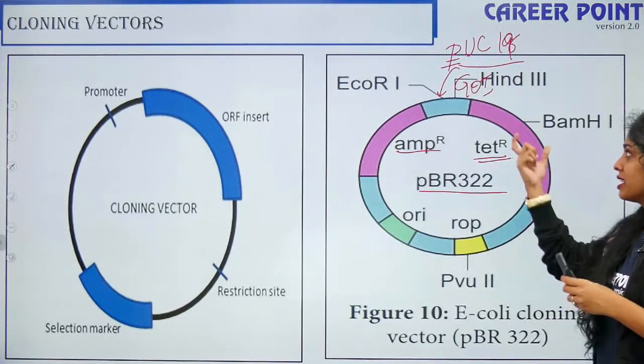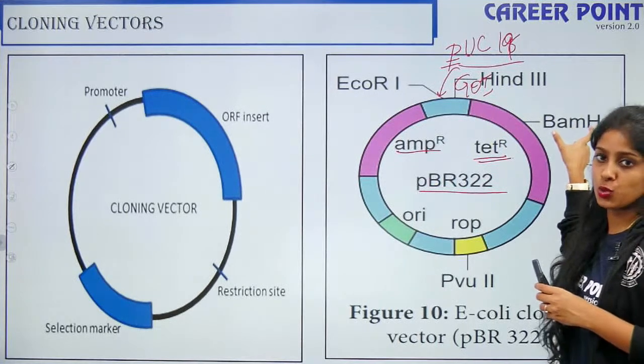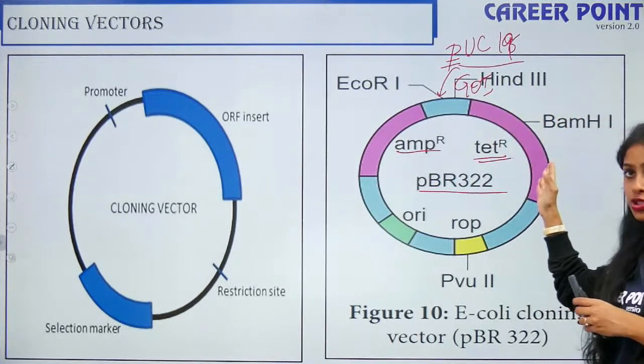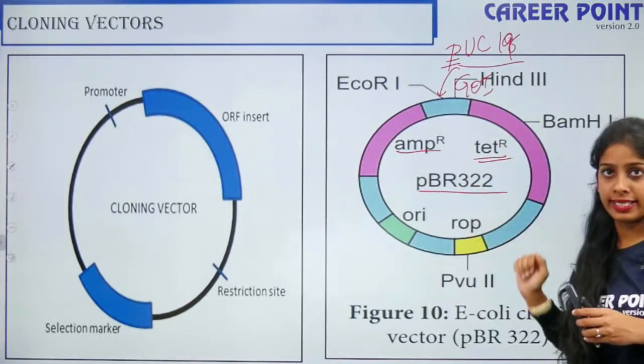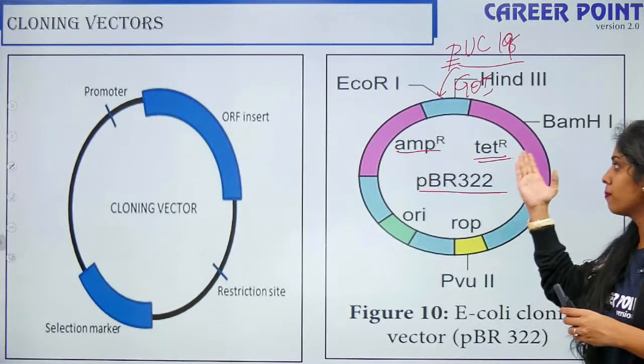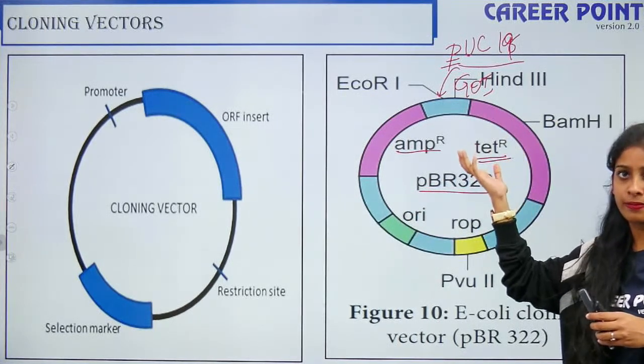Now if you insert your gene of interest here, if you chop it with BamHI, that is your restriction enzyme, and insert it in this portion and put it inside the bacteria, and then grow the bacteria in a tetracycline medium, it will die, right? Because this resistance gene is lost.